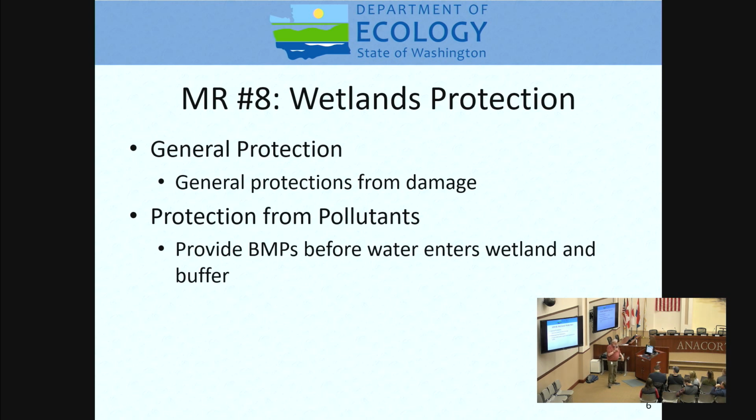Then the second stage is protection from pollutants. So what this is you need to make sure that if you've got stormwater, that you're completing all of the stormwater treatment you have to do before you discharge water into the buffer of a wetland. Not just the wetland, but the buffer of a wetland. The buffers are protected as well as the wetlands.